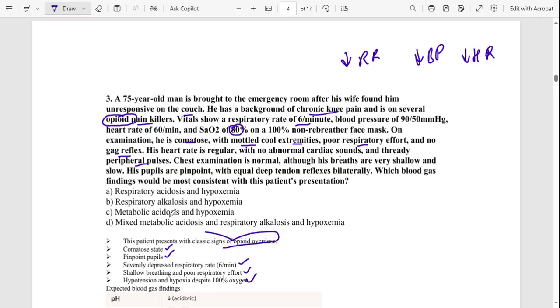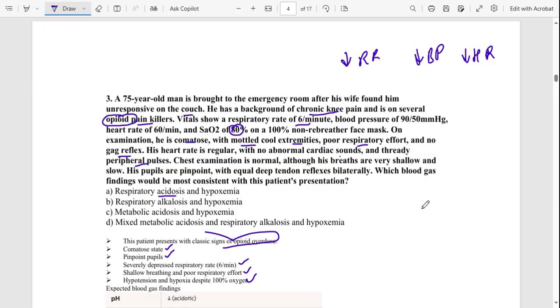So likely this patient has developed acidosis. By looking at the oxygen saturation is really low, and then when you look at the other features, depressed respiratory rate, it means that they are actually having failure to remove the carbon dioxide from the body.